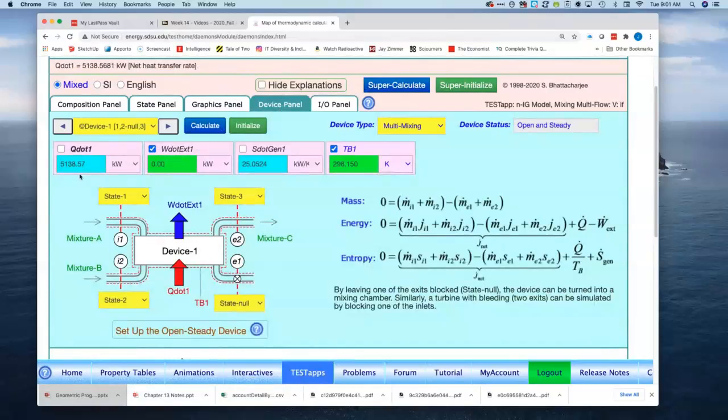And so I guessed 1,000. I then guessed 2,000. And in both of those times, I went to my tables and I got the enthalpy of state 3. In one case, the energy balance was negative. In the other case, the balance was positive.